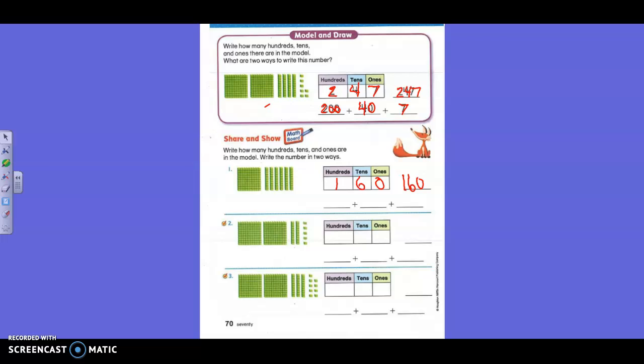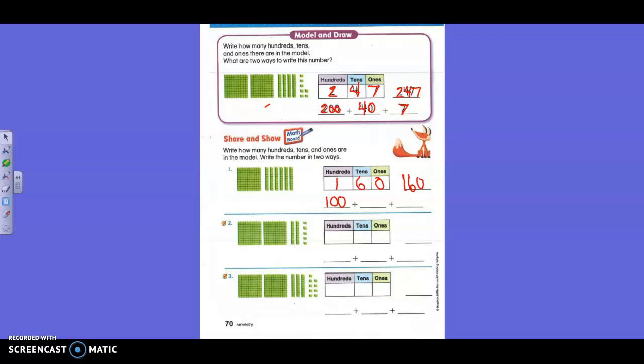Okay. Now, this is where it's going to get tricky possibly for you. Expanded form means you're breaking apart every number and where it's at. 1 is in the hundreds place. So your first number is going to be 100. Because that's how you say that number anyway, right? 160. 100, right? Then in the tens place, guys, this is the tricky part that I think will be tricking most of you.